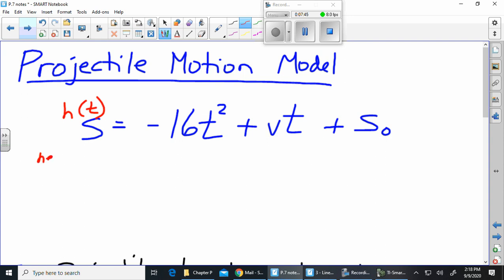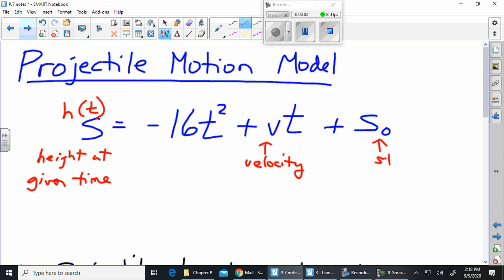So this is height at a given time, t. -16 is always -16. v is velocity. s0 is starting height, initial height.